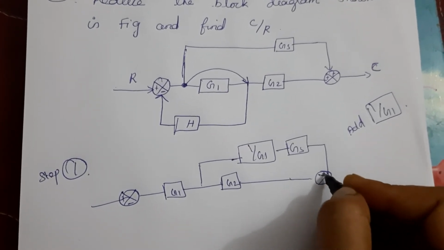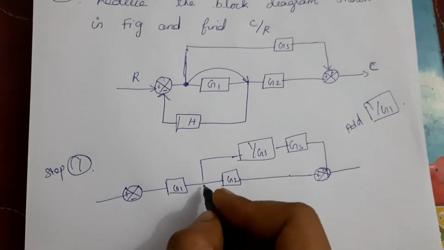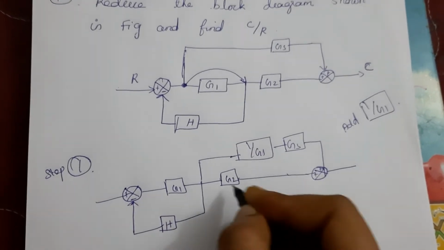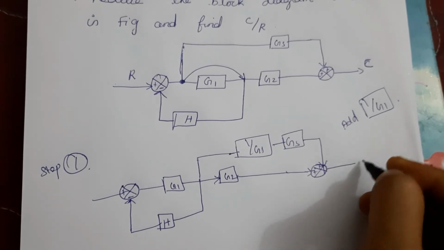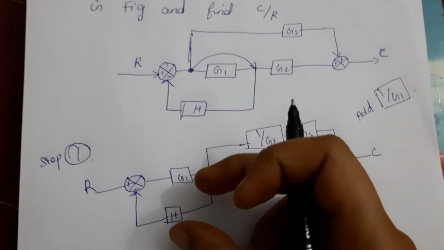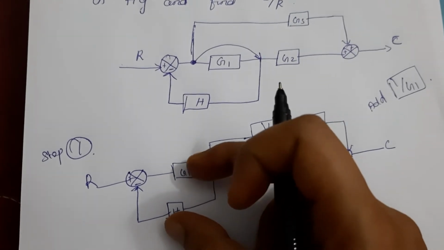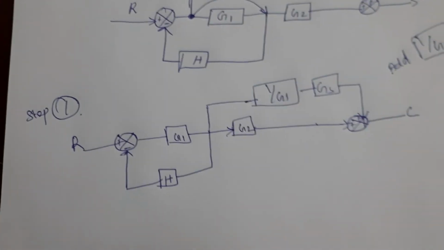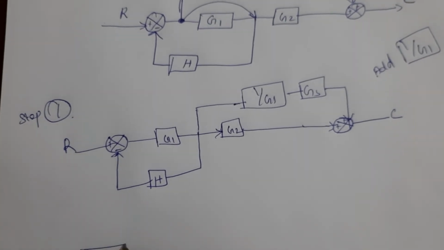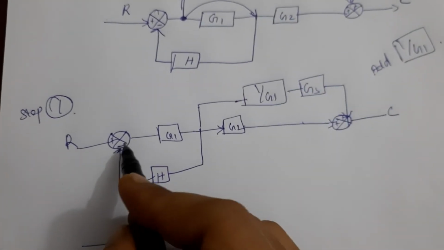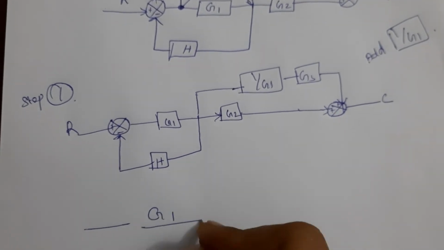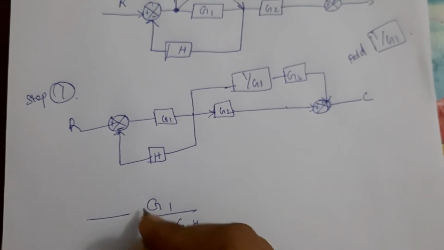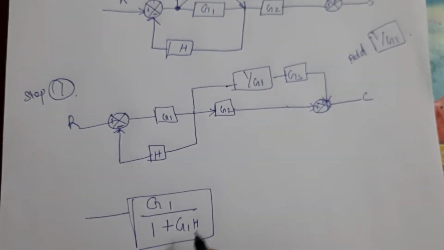We have the summing point plus, plus, and the loop here, this is H, and we get C, and this is R. So now we can reduce this part using the feedback elimination rule, and applying that we will get G1, the summing point also eliminated, so it becomes G1 divided by 1 plus, and here minus means we have a plus symbol here, G1H. So this is reduced like this.